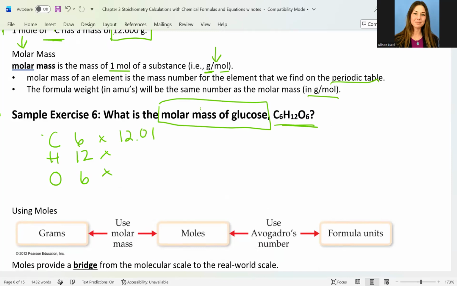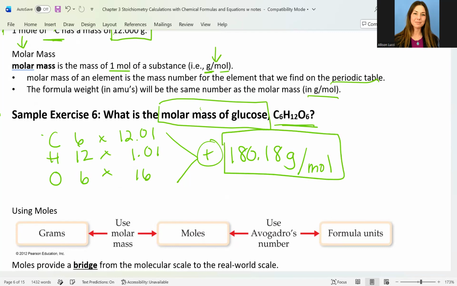So 12.01, 1.01, and 16 are the masses found from the periodic table. We multiply 6 times 12.01, 12 times 1.01, 6 times 16. We add all that together, and the sum we should get is about 180.18 grams. And we'll include the full unit of grams per mole here, since we're asked specifically for the molar mass and not just the mass of one molecule.